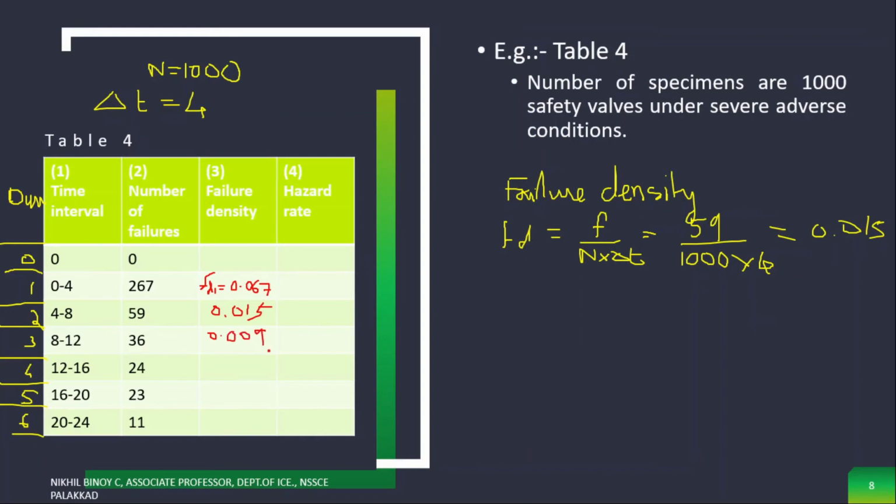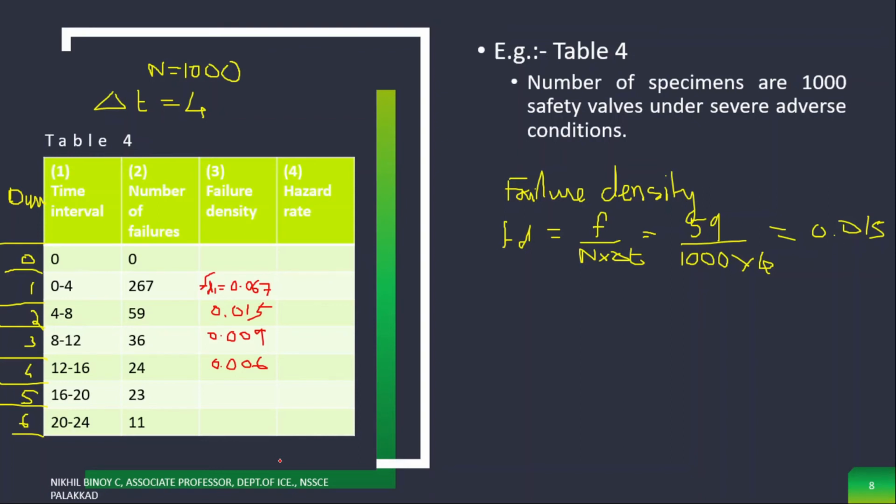That is the value. Now corresponding to the fourth duration, the number of failures is 24. So the failure density is 24 divided by 1000 into 4, that is 0.006.